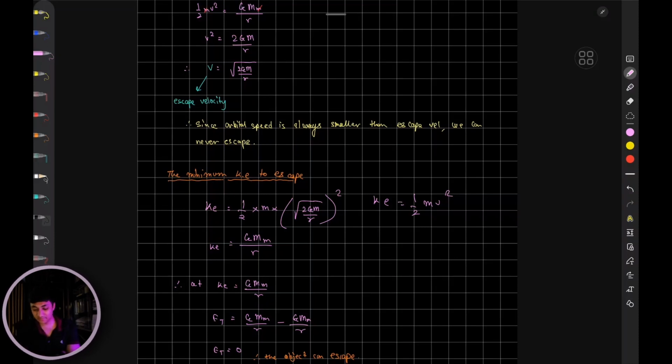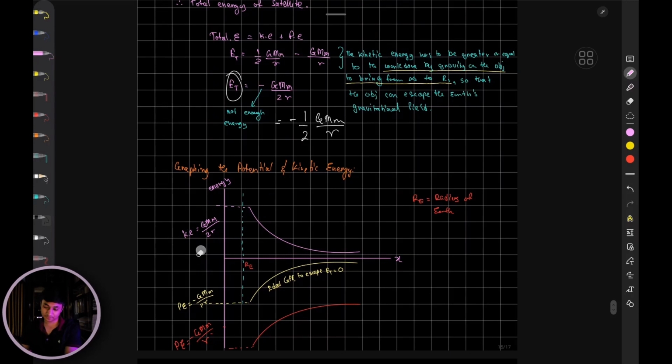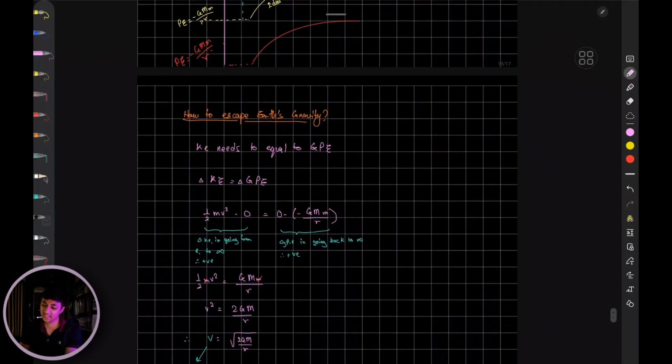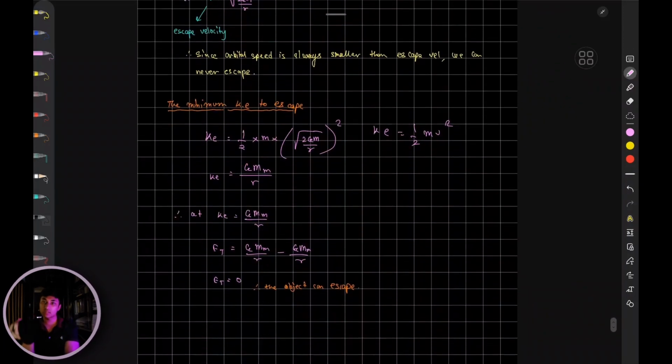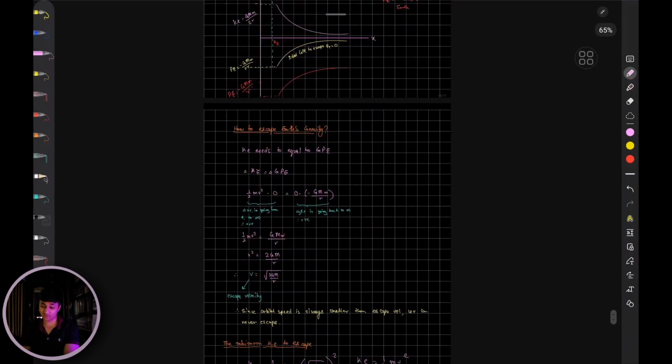If we plug that in, KE turns out to be GMm by r, as discussed towards the beginning. If the KE was exactly the same as the gravitational potential energy, it would be able to escape. Therefore, if your KE is GMm by r, exactly equal to the gravitational potential energy, the object can finally escape.